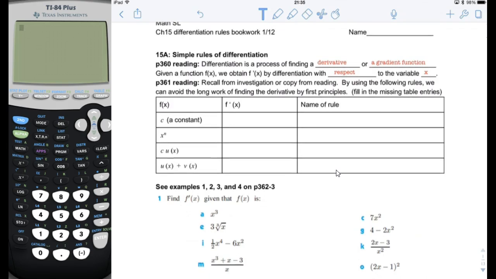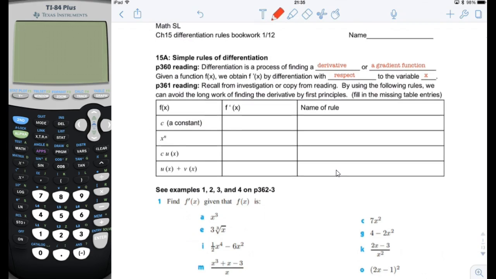Recall from the investigation or copy from the reading. By using the following rules, we can avoid the long work of finding derivatives by first principles. Remember, finding derivatives by first principles, you took x plus h and plugged it into the function, then you took x and plugged it into the function, subtracted the two, divided by h, and then took h and made it approach 0 with a limit.